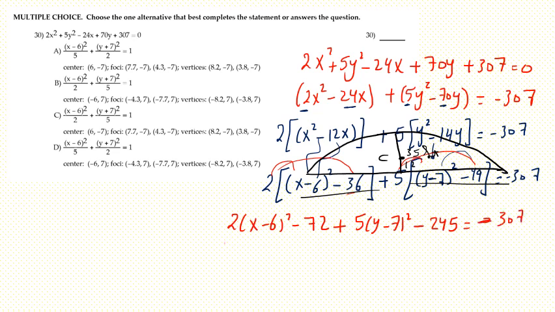Then 2 times (x minus 6) squared plus 5 times (y minus 7) squared is equal to negative 307 plus 72 plus 245.